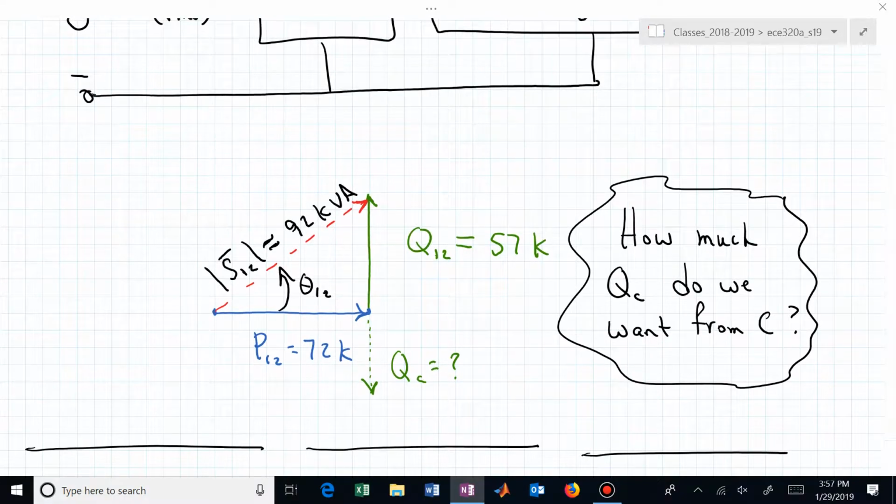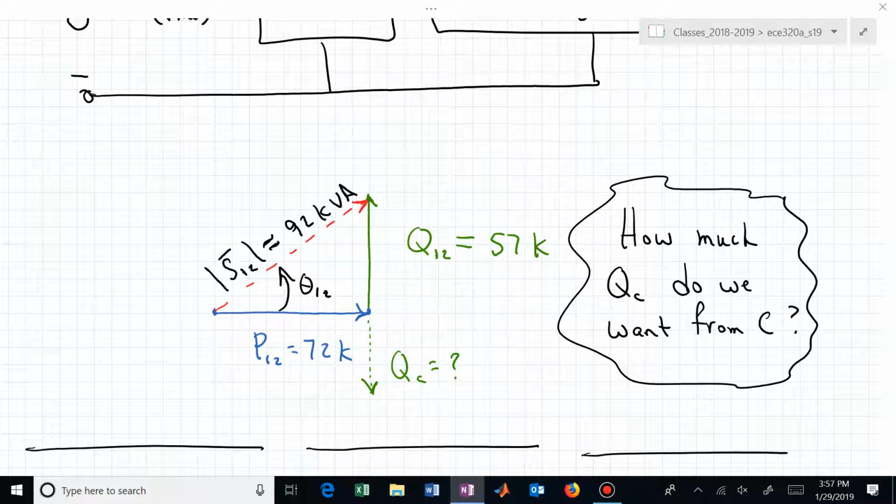I was having fun. So now I just started drawing pictures again, right? Here's another picture of the scenario. We have 72 horizontal, that's the real power. We have 57 vertical, that's the reactive power. Q sub 1, 2 is 57 and it's inductive, so it's up. The hypotenuse is 92.